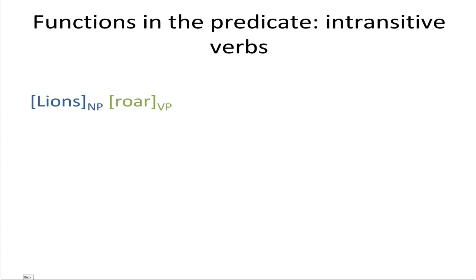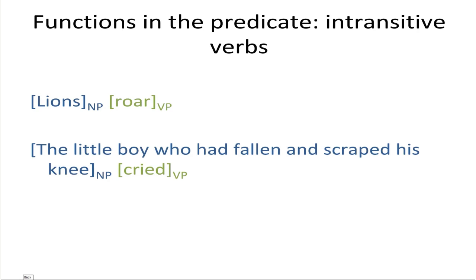So in this example, lions roar, the predicate is made up of just the intransitive verb roar. In the next example, the little boy who had fallen and scraped his knee cried. The predicate is just the intransitive verb cried, which tells us what the subject, the little boy who had fallen and scraped his knee, did.